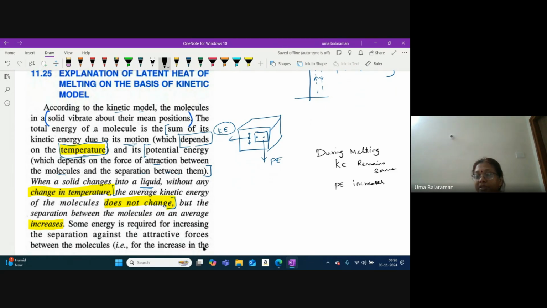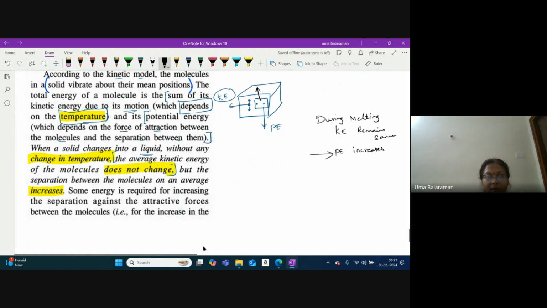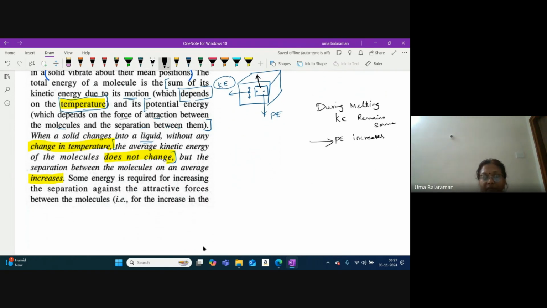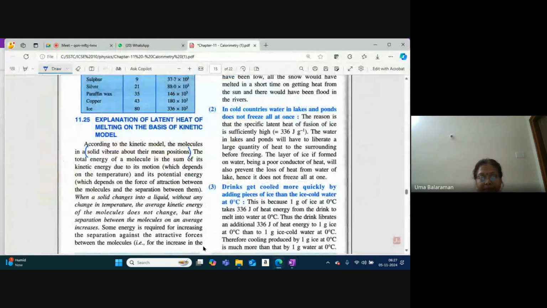We are supplying heat energy, so how is it expressed? Potential energy increases. What is the potential energy due to? Force of attraction between the molecules and separation between them. This kind of energy increases. Some energy is required for increasing the separation against the attractive forces, and this heat energy is utilized for that.